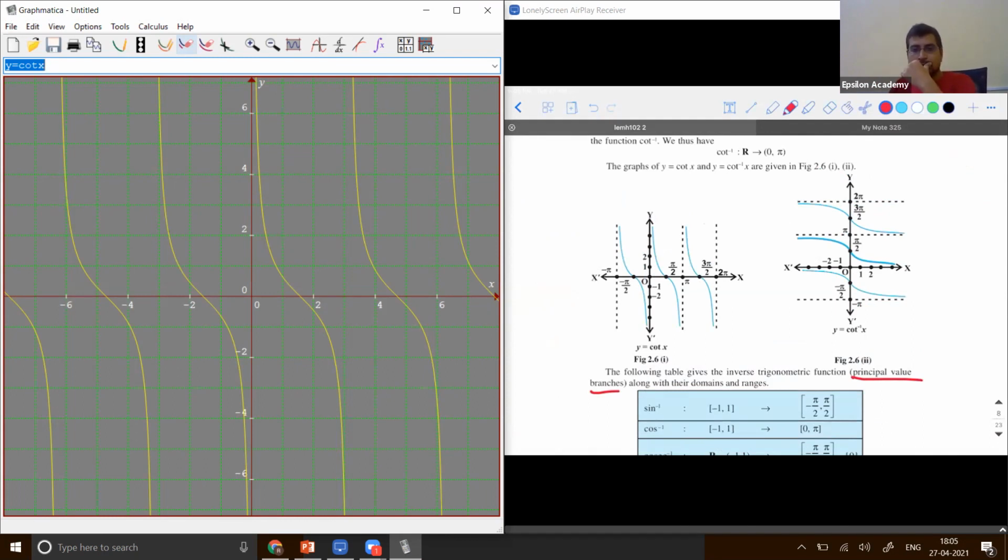Minus pi by 2 to pi by 2. You look at it wherever it is continuous. You can take this, no?